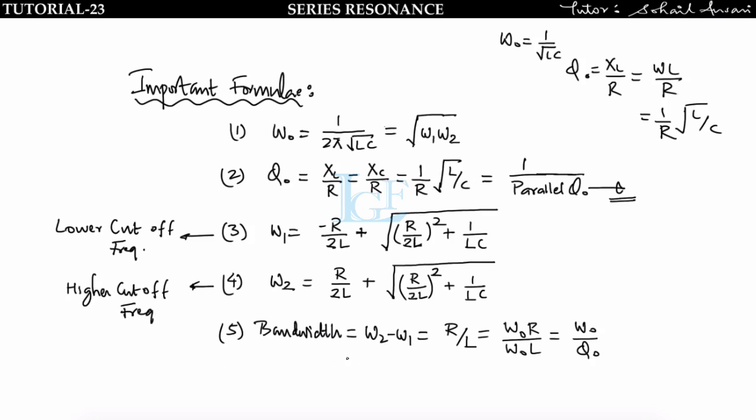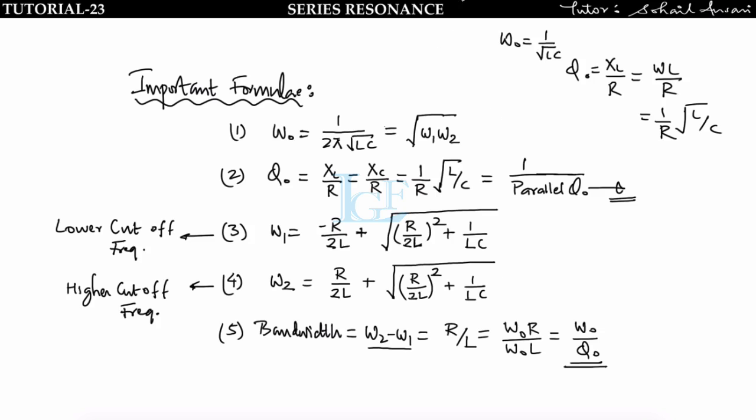And finally bandwidth is given by omega 2 minus omega 1, that is nothing but R upon L, and if we multiply this R upon L by omega naught and divide by omega naught, then I will get omega naught upon Q naught, where Q is the quality factor. So all these relations you should keep in mind while solving any series resonance circuit.